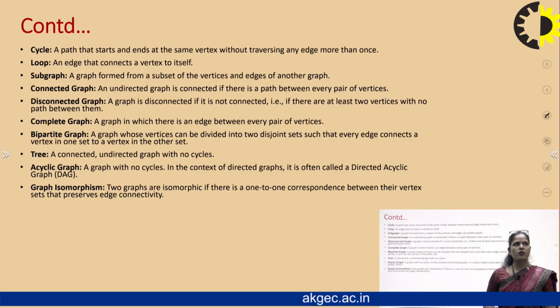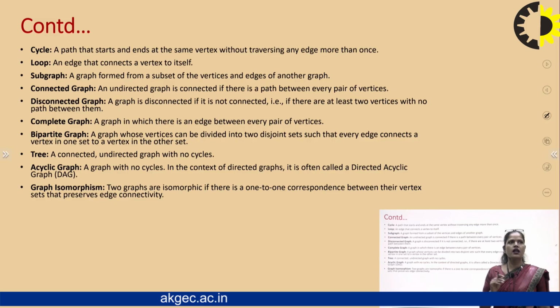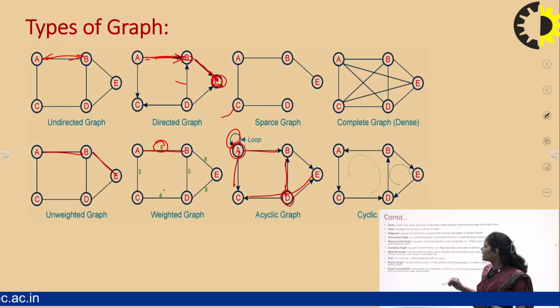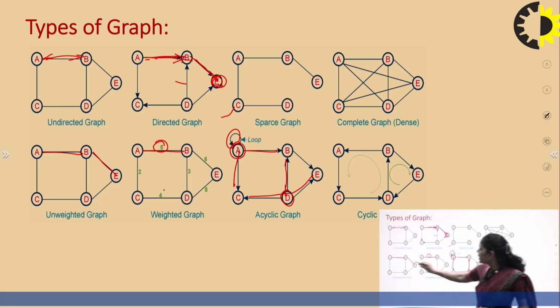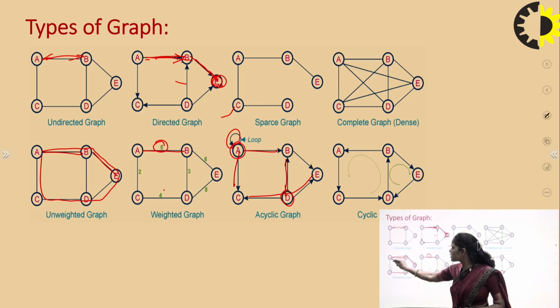Next, we will talk about cycles and loops. A cycle is a closed graph traversal. Let's suppose I go from this to this, and this, and this. So this particular path makes a cycle.